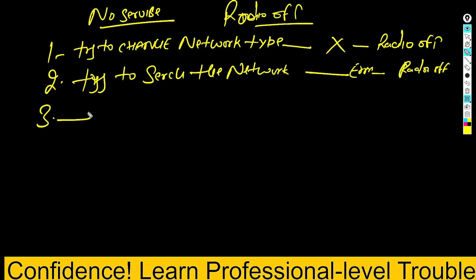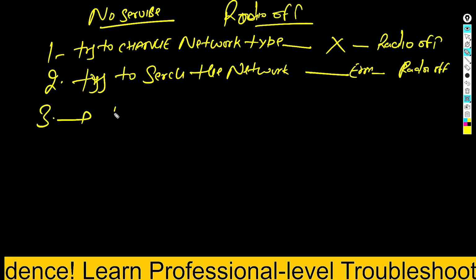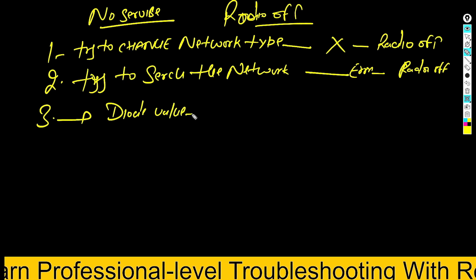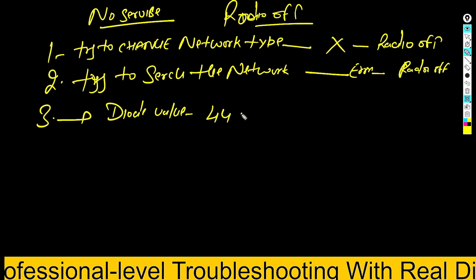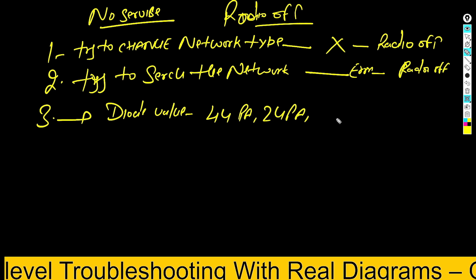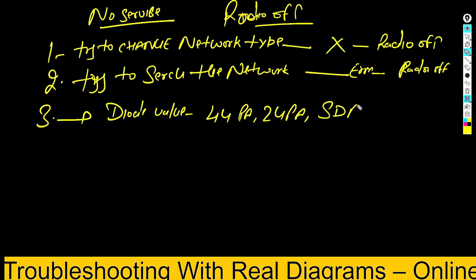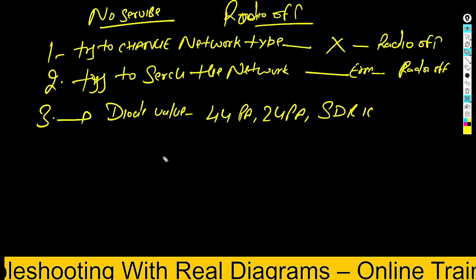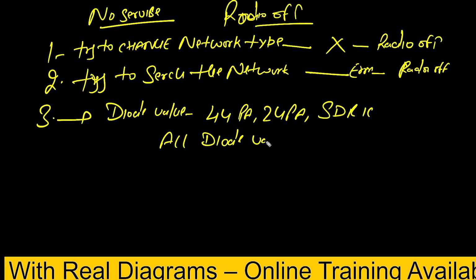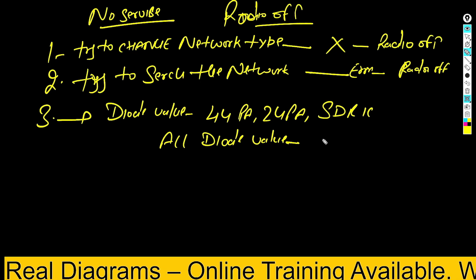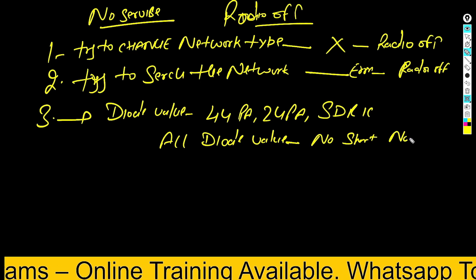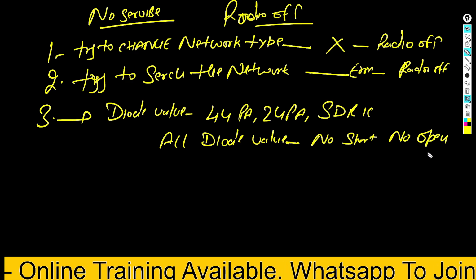After this we see all the diode values, here the 4 GPA, 2 GPA and the SDR IC, all diode values okay. No short, no open, right?